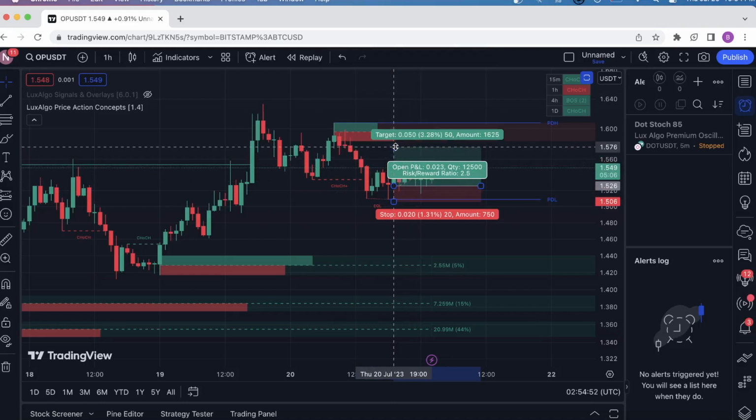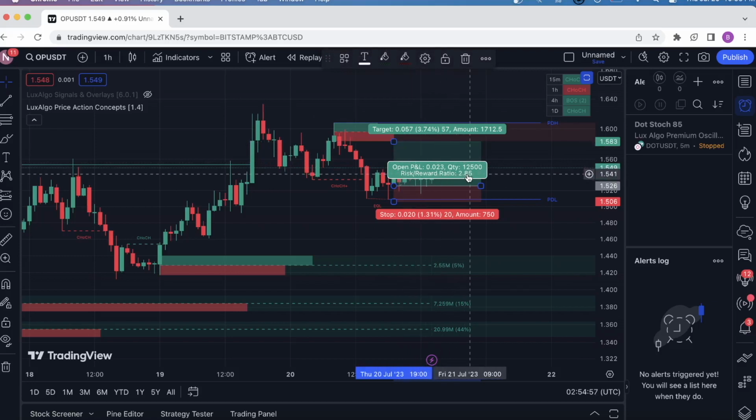And even if I targeted the start of this order block, that gives me a risk reward ratio of 1 to 2.85. So it's almost a 1 to 3 risk reward ratio, meaning I'm risking 1 to get 3. So that would be a good long opportunity.